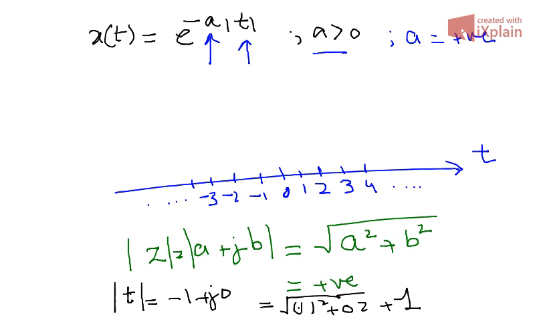So the absolute value for minus 1 is plus 1, which I can write somewhere here. Similarly, the absolute value for minus 2 would be 2, for minus 3 would be 3, and here it would be 0, 1, 2, 3, 4. These are the absolute values of t, which I have written just below this line.